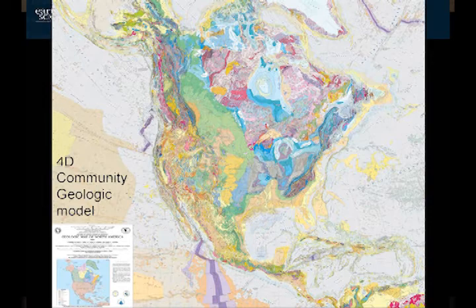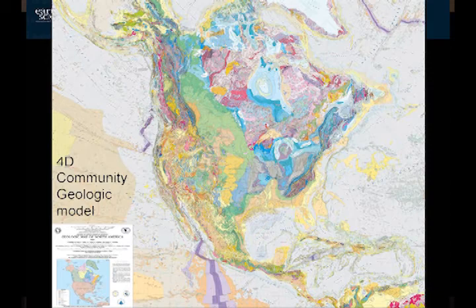So one thing that probably would be a good idea is to come together and build a community geologic model that's four-dimensional, so we could really characterize the structures and material properties and history of North America at the geologically interesting scale, which is probably more at the kilometer scale. This would be really exciting.